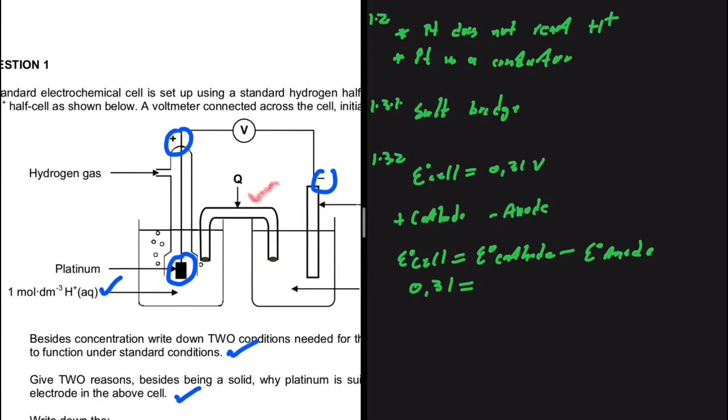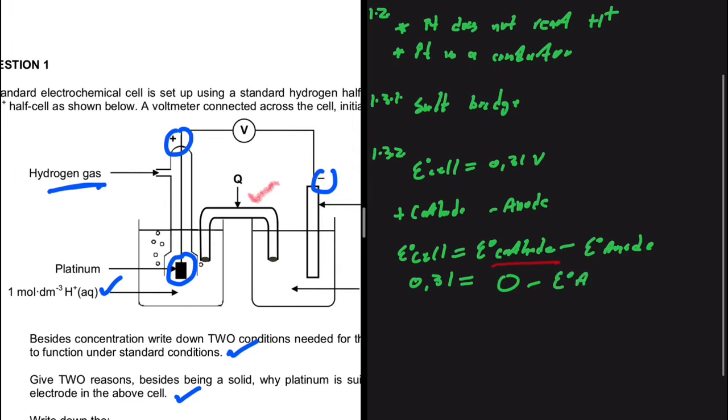The potential at the cathode is the potential of the hydrogen gas, as we can clearly see that it is at the positive terminal. So we're going to have 0. If you look at your table of standard reduction potentials, the potential of hydrogen gas is 0, minus the potential at the anode, which happens to be X. If you go ahead and find the reduction potential of X, you're going to realize that it is equal to minus 0.31 volts.